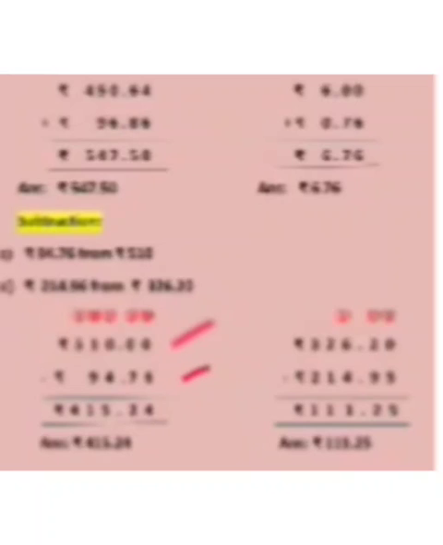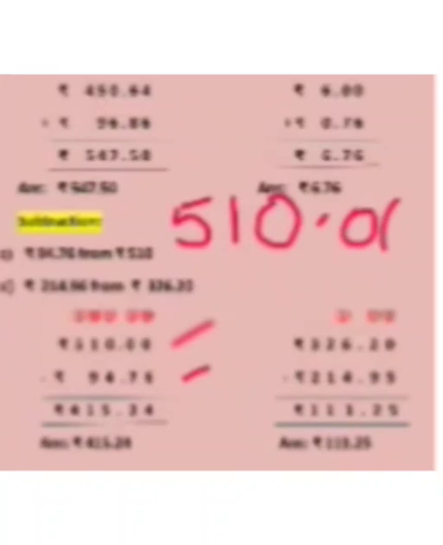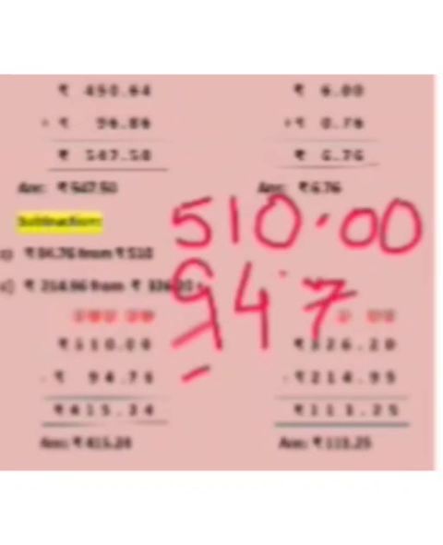If you write 9 just below 5, 510.00 and 94.76, like this, is it correct?